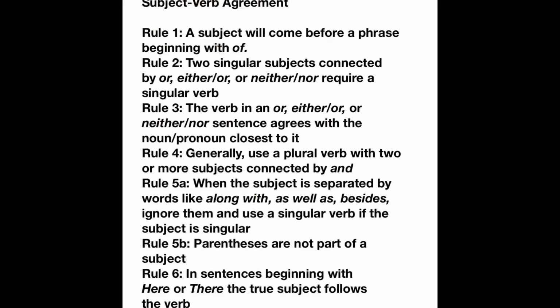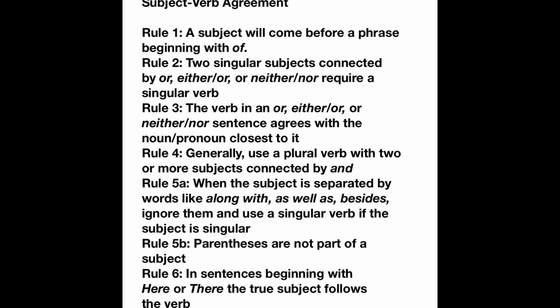Because sometimes things are grammatically correct, but can sound a little awkward to the ear. So you always have the option to rearrange the sentence to get rid of that. But 5A, if you have as well as or besides, stick with the first noun and keep it singular. If you have it in parentheses, we ignore what's in the parentheses.